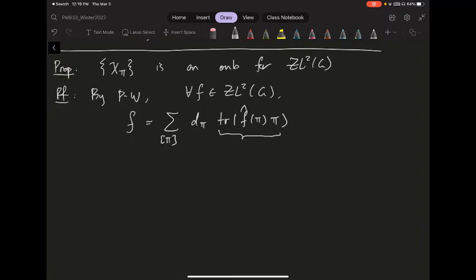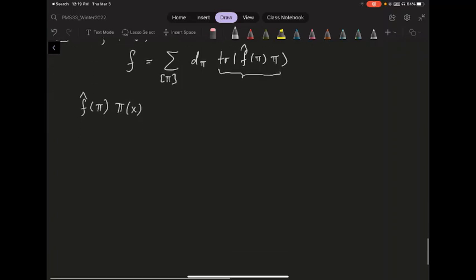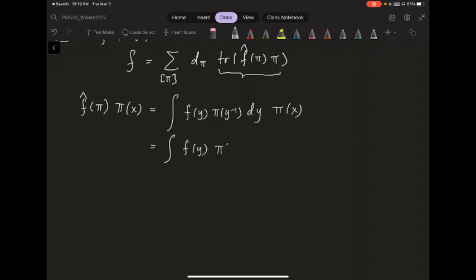To see what f hat is, let's do some computation. Consider f hat of pi, and multiply by pi of x on the right. By definition, f hat is the integral of f of y times pi of y inverse dy, and then I multiply by pi of x on the other side. I can move this inside, so it becomes the integral of f of y times pi of y inverse x dy, since pi is a unitary representation.